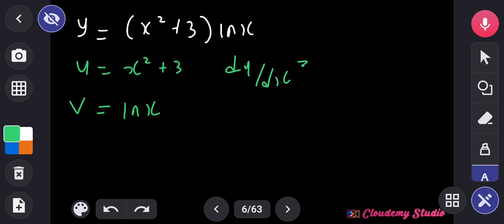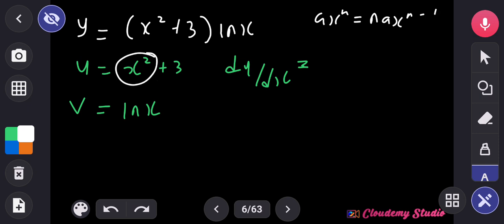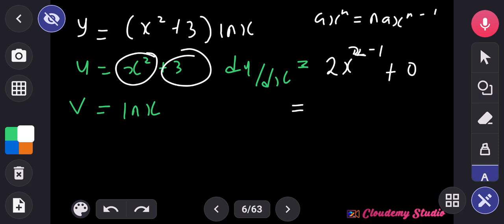Will be equals to, if you differentiate this one, remember that ax raised power n equals to nax^(n-1), right? So if you differentiate x squared, you are going to be having 2 multiplied by x^(2-1). If you differentiate the constant number, which is 3, it is going to give you 0, which means the answer for this one equals 2x raised power 1, which is the same thing as 2x.